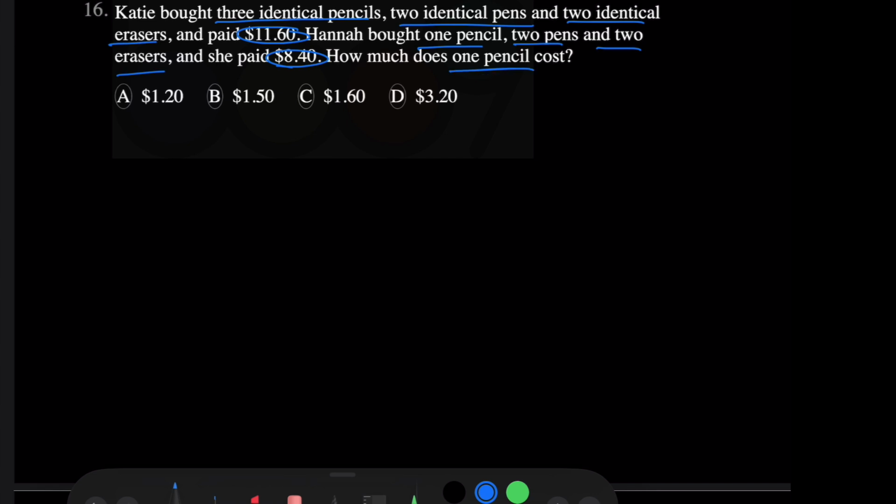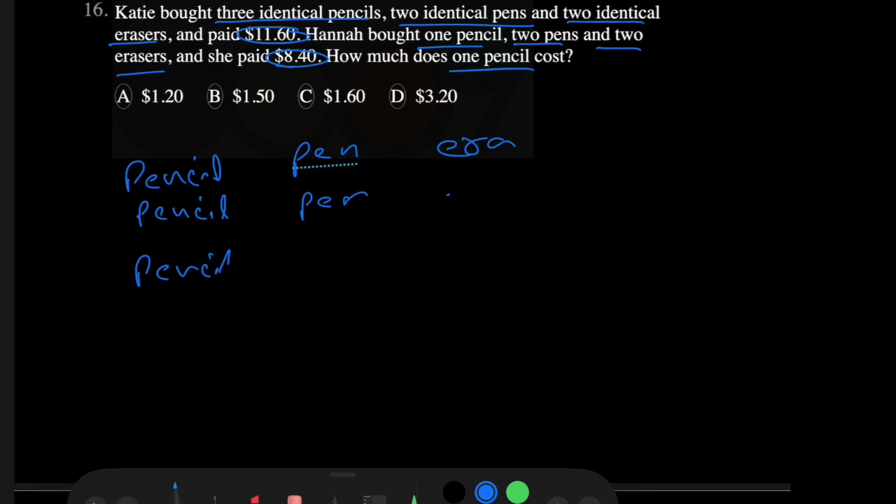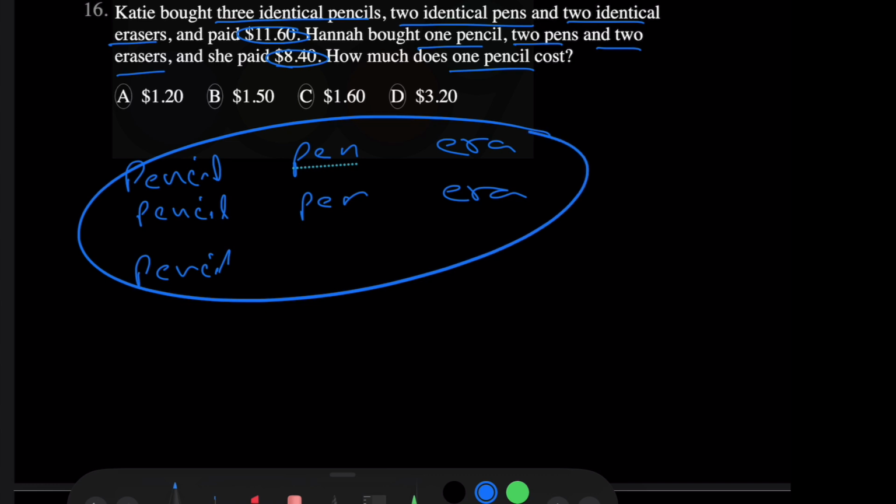Alright, so we have 3 pencils, and 2 pens, and 2 erasers, and this whole thing costs $11.60.